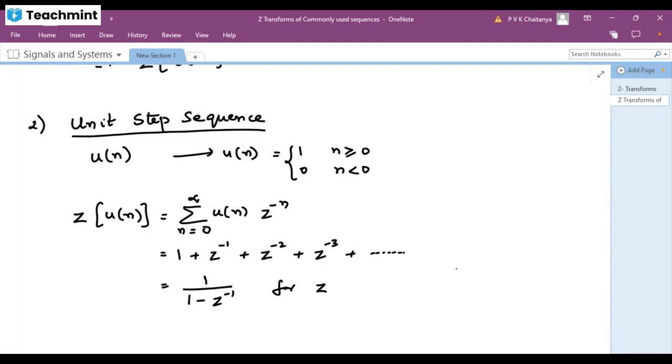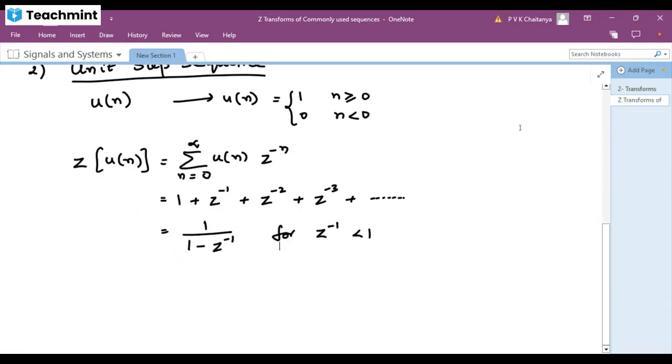Z power minus 1 less than 1. So if Z power minus 1 is a fraction, then only I can apply this geometric progression. Therefore, I can write the Z transform of U of n is equal to 1 by 1 minus Z inverse, or else I can write this as Z by Z minus 1.